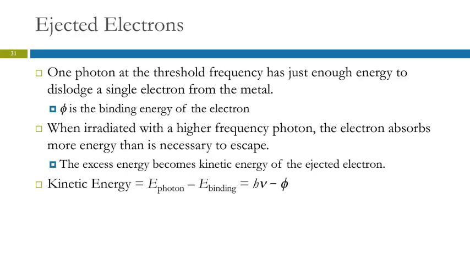But the number of electrons coming out is going to be the same regardless, as long as you have that minimum. So the kinetic energy of the ejected electrons is the energy of the photon minus the binding energy. So this is the amount of money that you have going to Disneyland. You subtract the amount you need to get in, and that's what you have to spend. That's kinetic energy. And so we can express this as h nu minus epsilon.